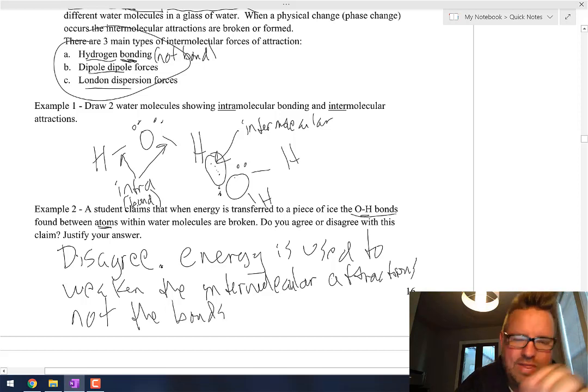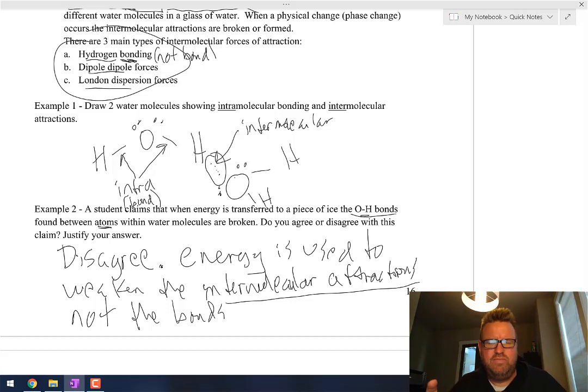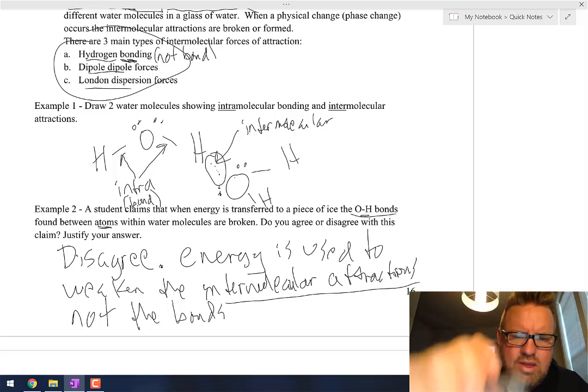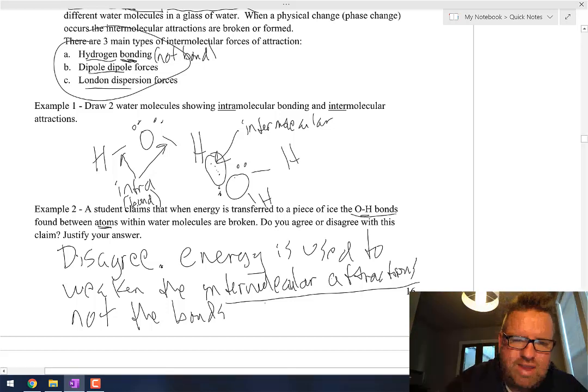That shows the grader I know that when a physical change happens, it's the intermolecular attractions. Gosh, I'm sorry, my handwriting's terrible. Hopefully you can listen to me and not try to figure out what I'm trying to write down. So energy is used to weaken the intermolecular attractions, not the bonds.